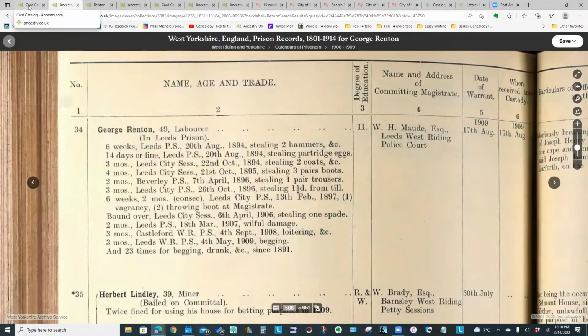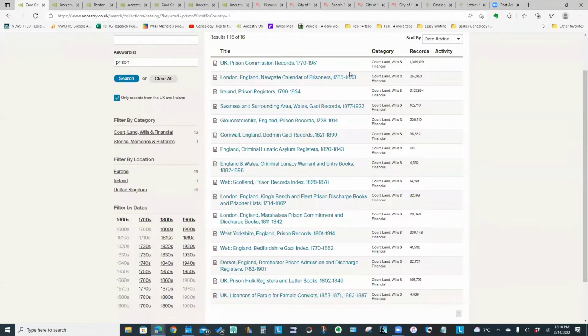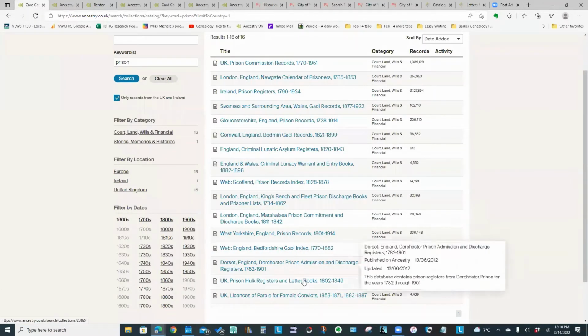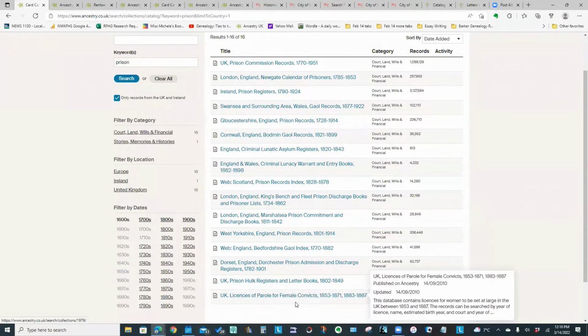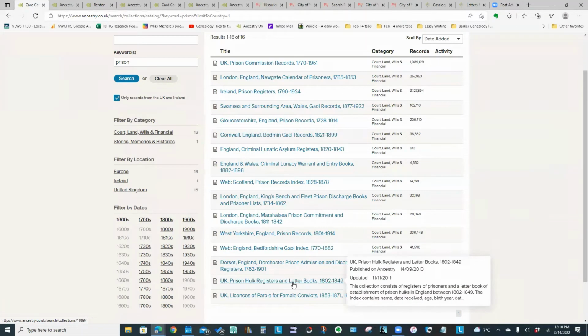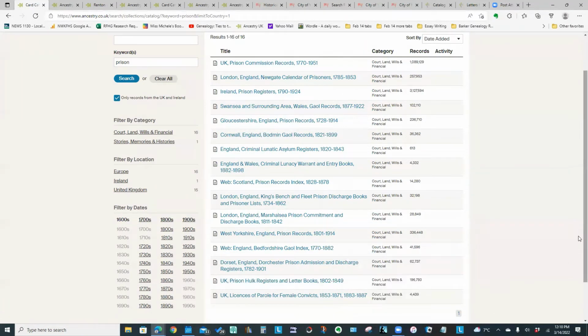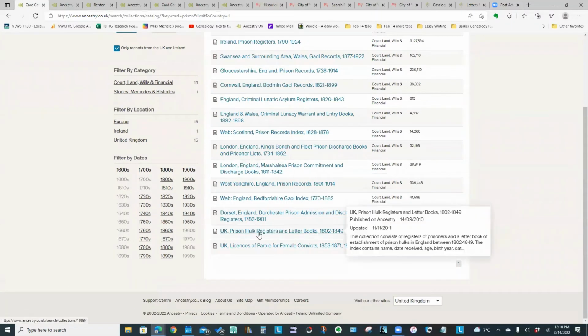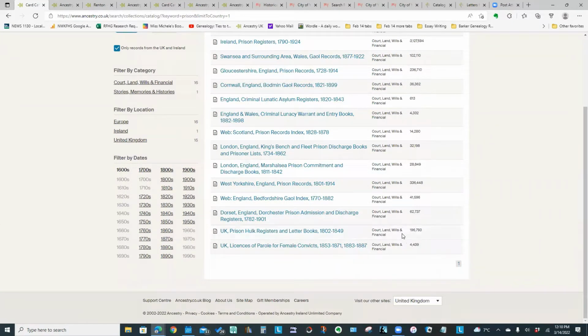The next one, and we'll go back to this master list for a minute. I wanted to look at this item at the bottom, UK prison hulk registers and letter books.